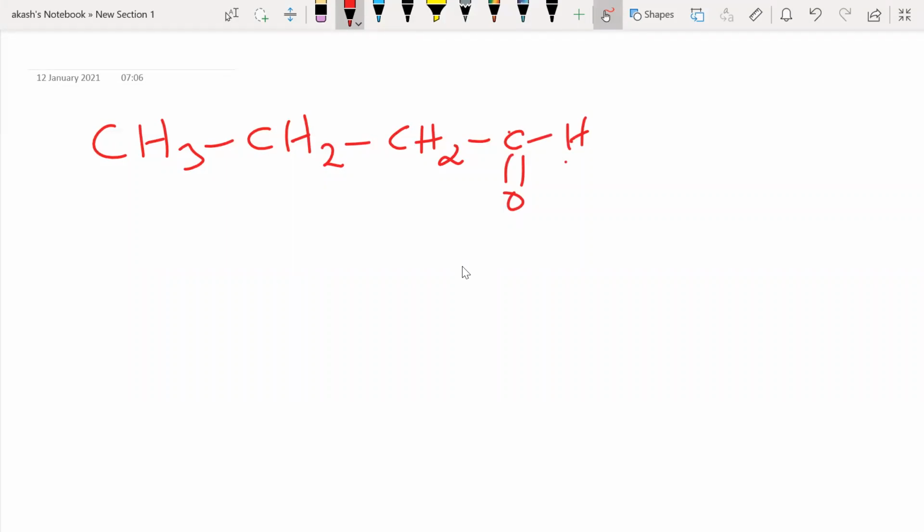Then you'll do the resonance structure, break the C double bond O to a single bond, and you will have a negative charge on oxygen. Then add the H plus there. That will give you the enol form.